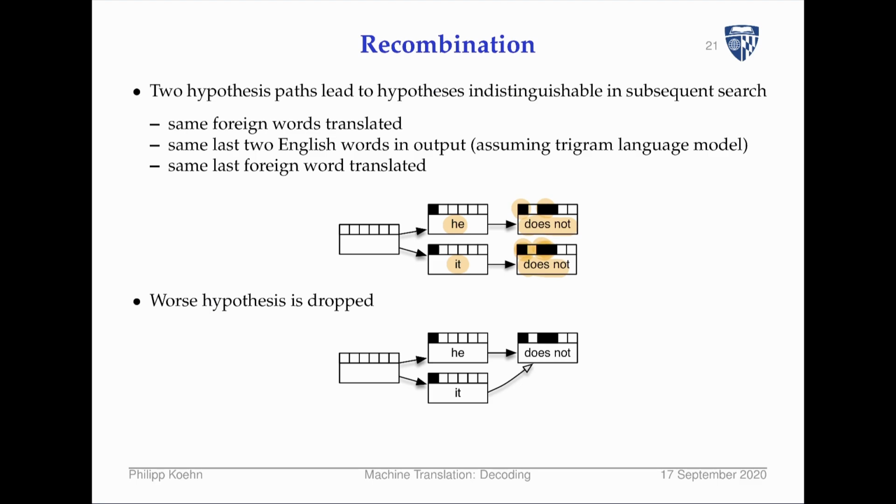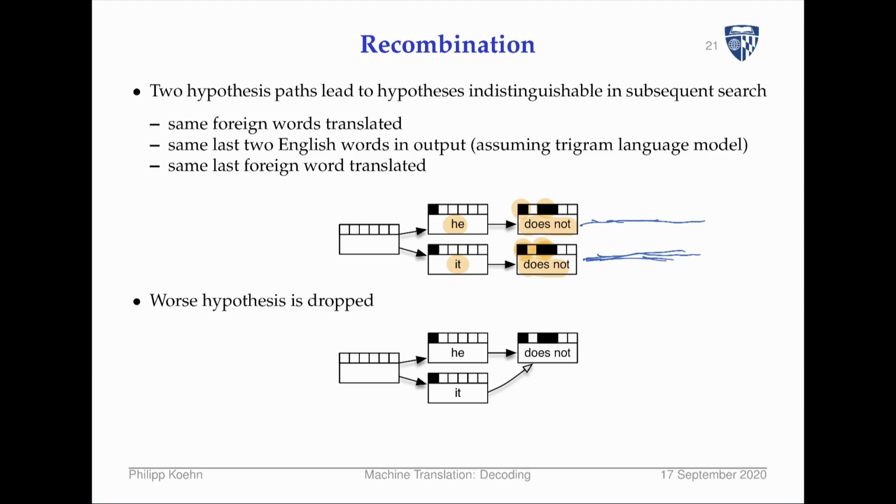And that has to do with what future scores might still happen when I continue. If I continue from here and make the same operations, and I get exactly the same scores as when I do the exact same operations here, then whatever is better at this point should be kept, and the other one can be ignored.